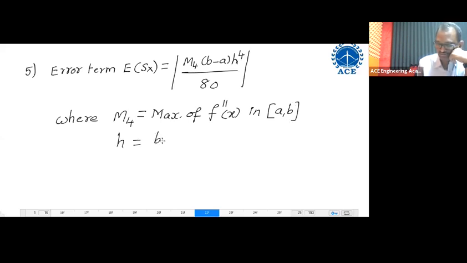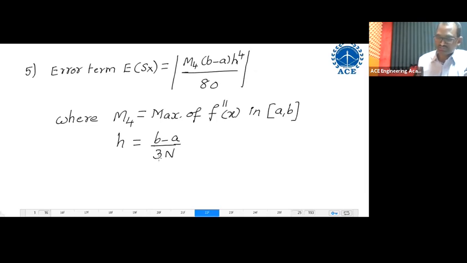h is equal to b minus a by, listen to me, h is equal to the end point of the interval minus the initial point of the interval divided by the number of subintervals. The number of subintervals would be n, but here the total number of subintervals must be a multiple of 3.